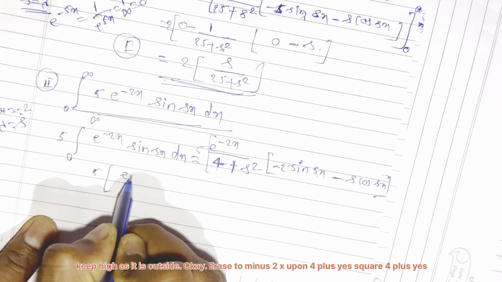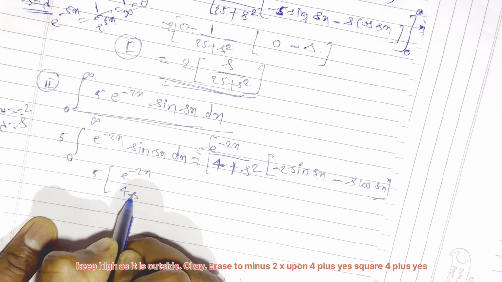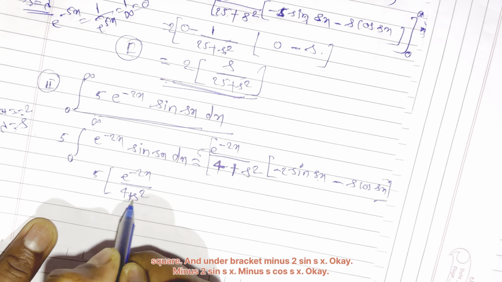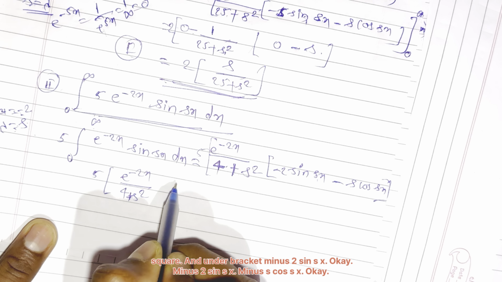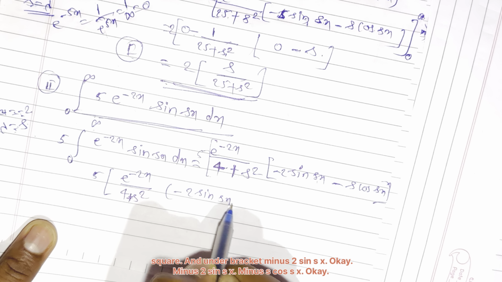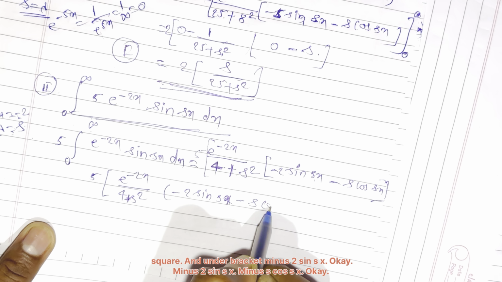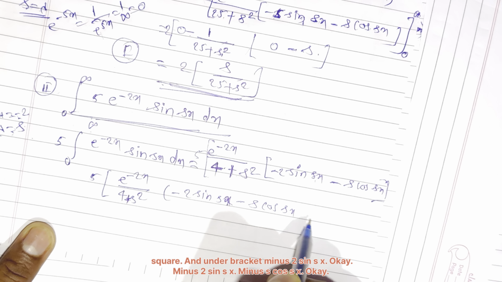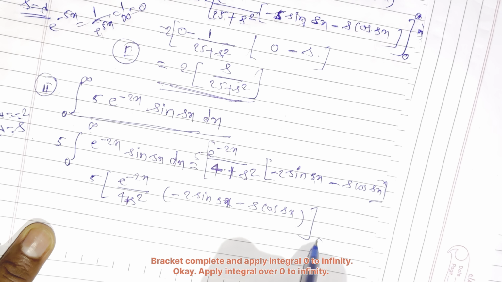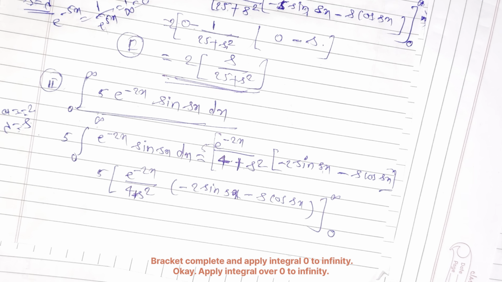e raised to minus 2x upon 4 plus s squared, and under the bracket minus 2 sin sx minus s cos sx. Bracket complete, and apply the integral over 0 to infinity.